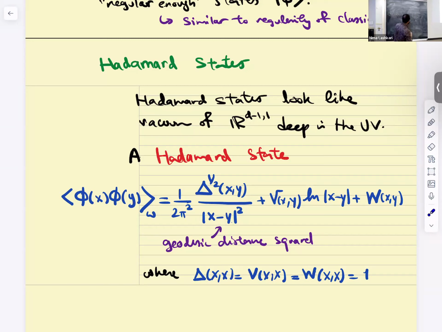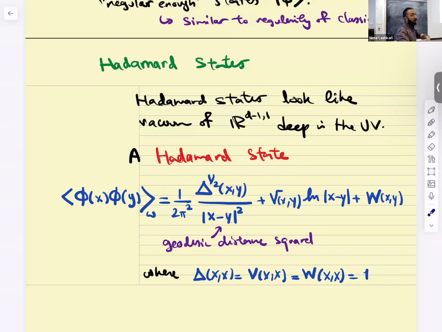So the 2-point function deep in the UV is fixed by dimension count: 1 over distance to the power D minus 2. So in 4 dimensions, this is just the proper distance squared. The class of states that we're discussing, Hadamard, is very formally defined.